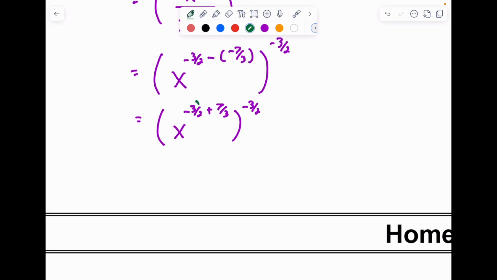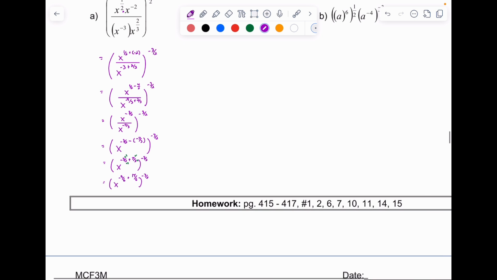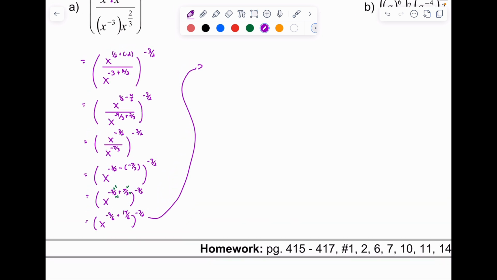Okay, so times this by 3, by 3, by 2, by 2, right? So that's x to the minus 9/6 plus 14/6, all to the minus 3/2. So a lot of steps here, okay? Very easy to make a mistake. Equals, well, -9 plus 14, that's x, and that's going to be 5/6 to the -3/2.